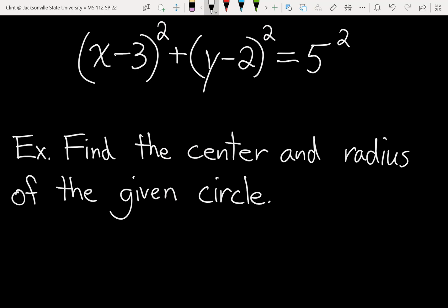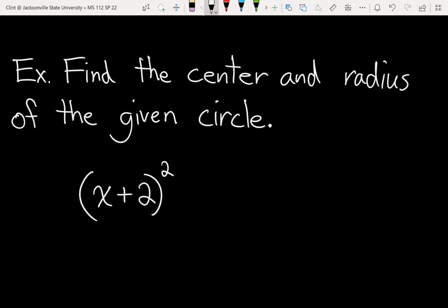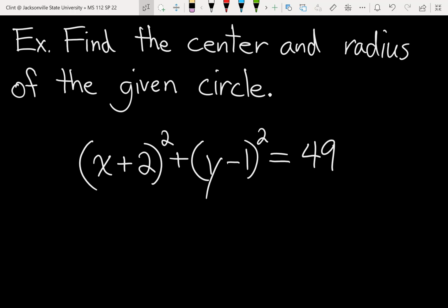So we're going to be given a circle equation. We want to find the center and the radius. Here's our equation. We want to figure out what the center and the radius of that circle are.